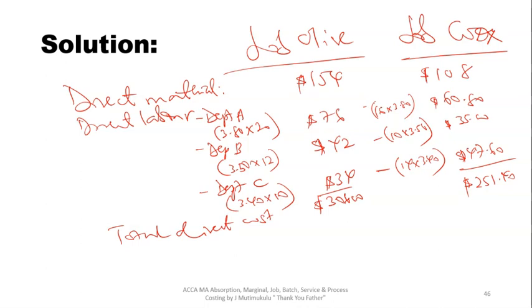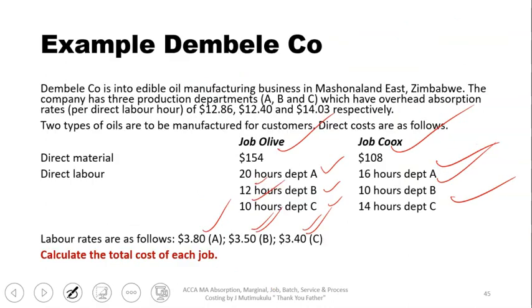Then we have to worry about the overhead. We've got department A, department B, department C. If we go to our question, we are told that the overheads are going to be absorbed on direct labor hours at these overhead absorption rates.